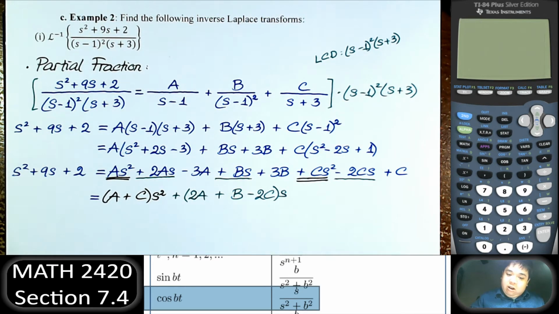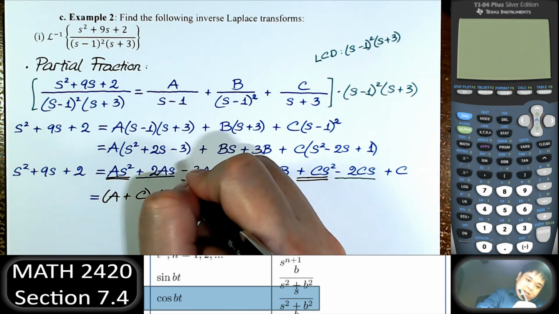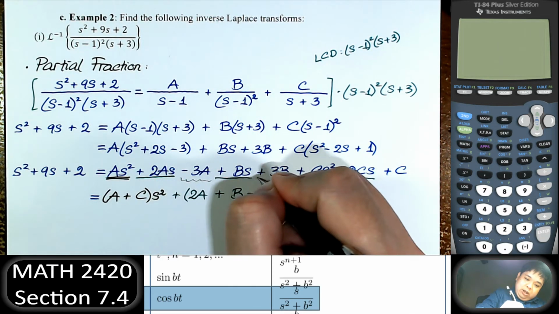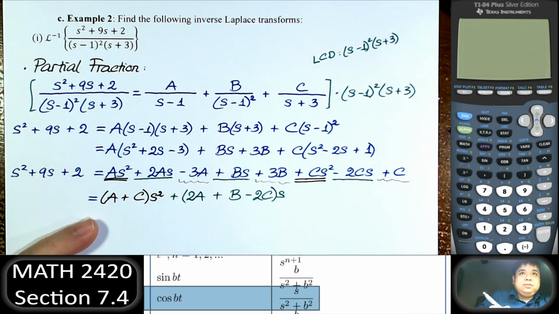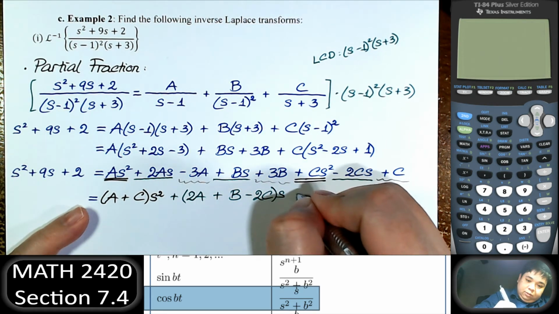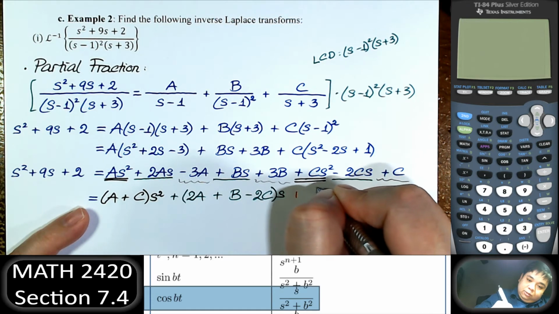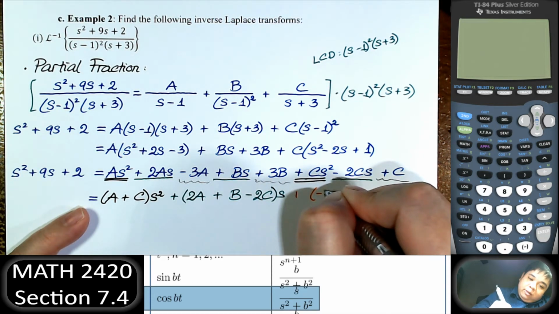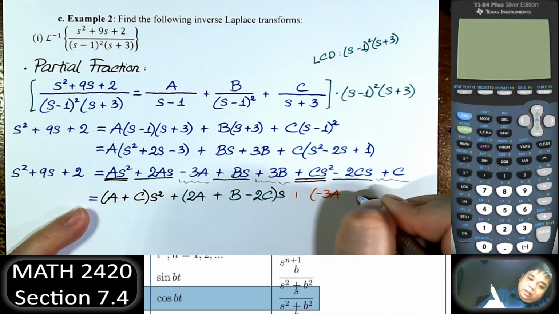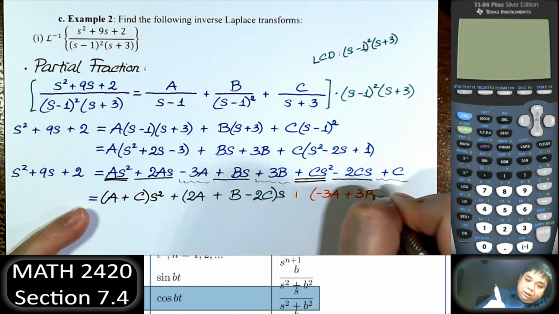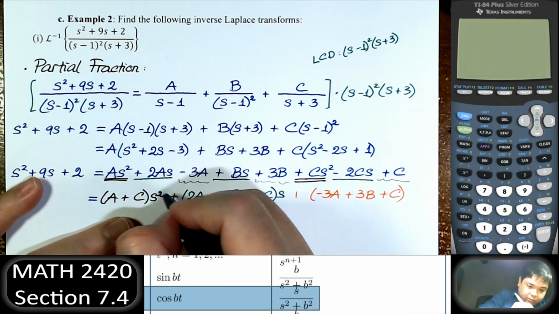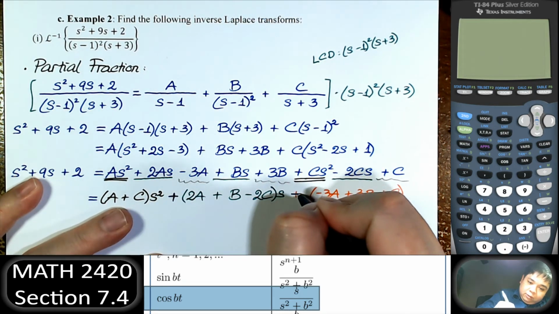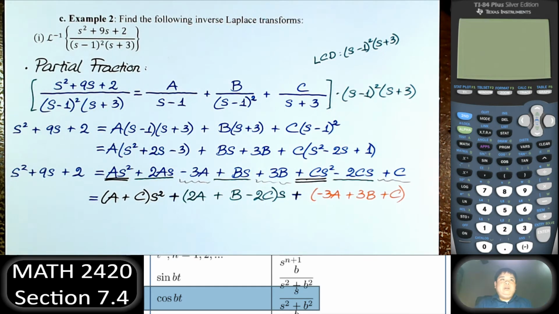Left with the constant: negative 3A plus 3B plus C. Right, so that's what we have.